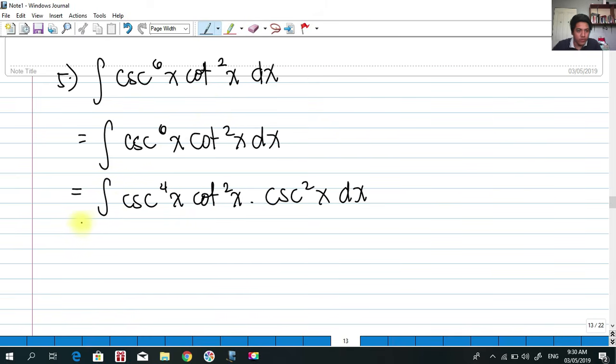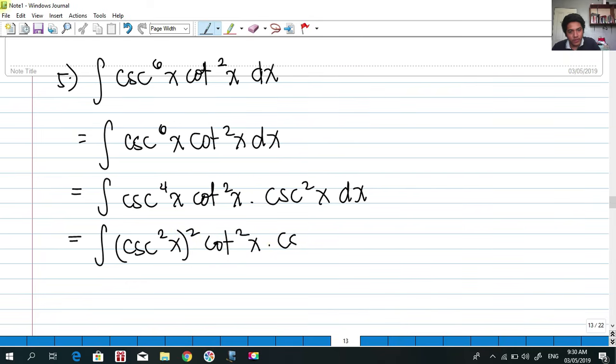So what we are going to do is the integral of cosecant squared of x raised to 2, that is, multiplied by cotangent squared of x, multiplied by cosecant squared of x dx. And cosecant squared of x is basically equal to 1 plus cotangent squared of x.